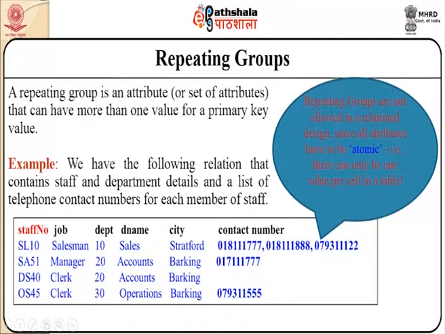But if you consider this particular relation, for row 1 this will have 3 contact numbers, for row 2 it will have only 1 contact number, others are being stored as null, and for row 3 almost all the contact numbers are stored as null, and for row 4 we have only 1 contact number. So, we are trying to ensure that all the values in a particular cell are purely atomic, that is, it can store only one value.